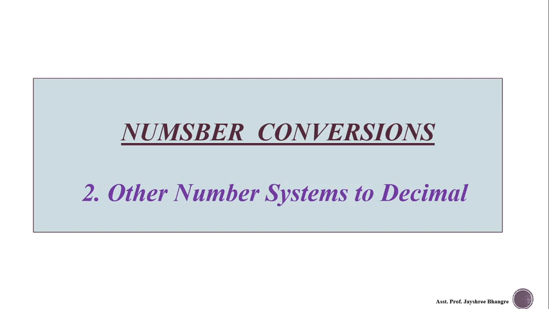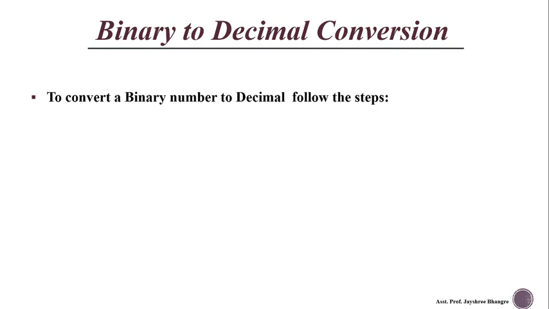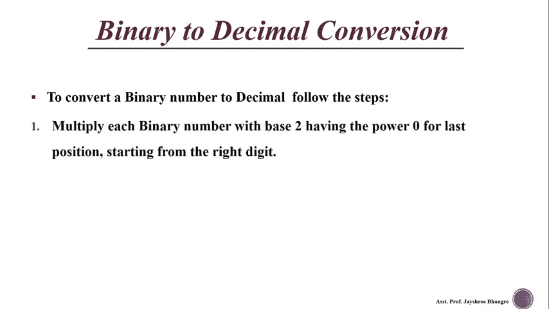So let's start with the binary to decimal conversion. To convert a binary number into its equivalent decimal, we have to follow some steps. For this conversion, we have to use the positional weight method. In this method, we multiply each binary digit with the base 2, having the power 0 for the last position, starting from the right digit.